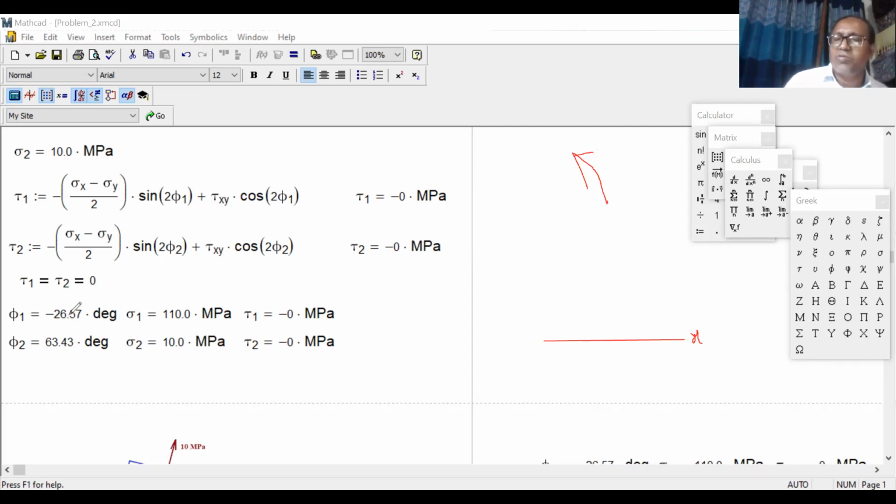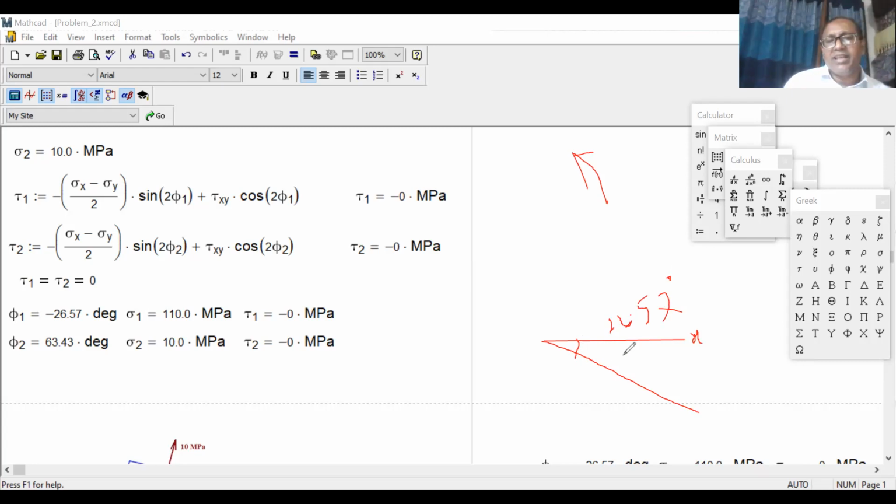So we have to go along the clockwise direction, the opposite direction. So I make just a line. I'm saying this angle is making 26.57 degrees. And use your geometry tool, you will draw this angle.